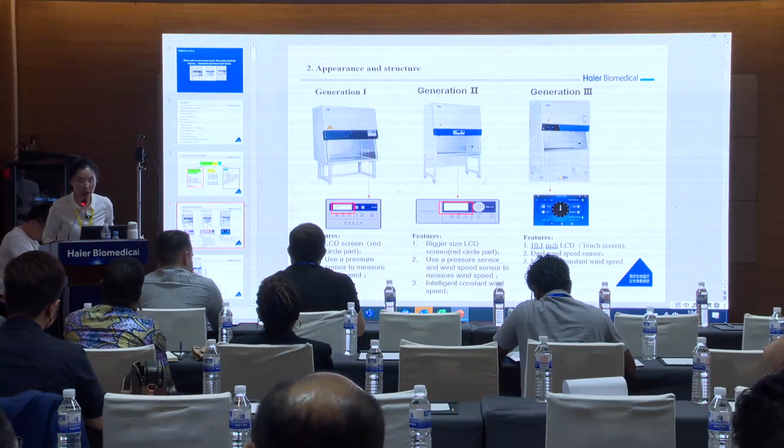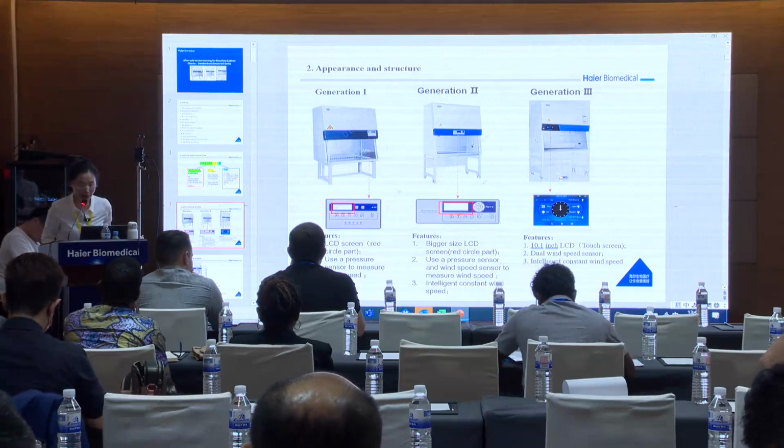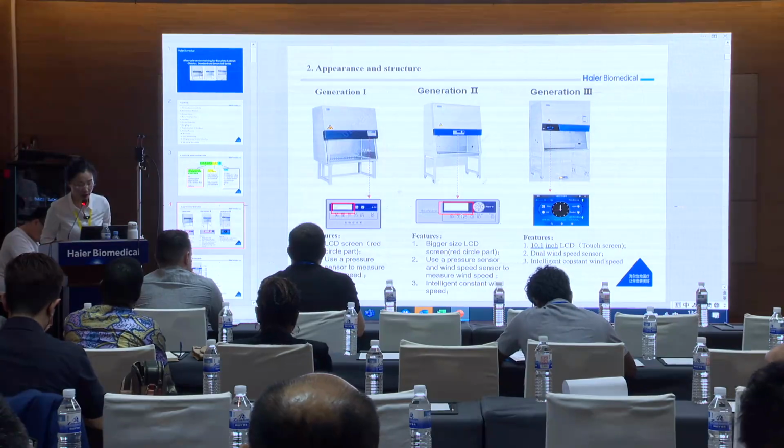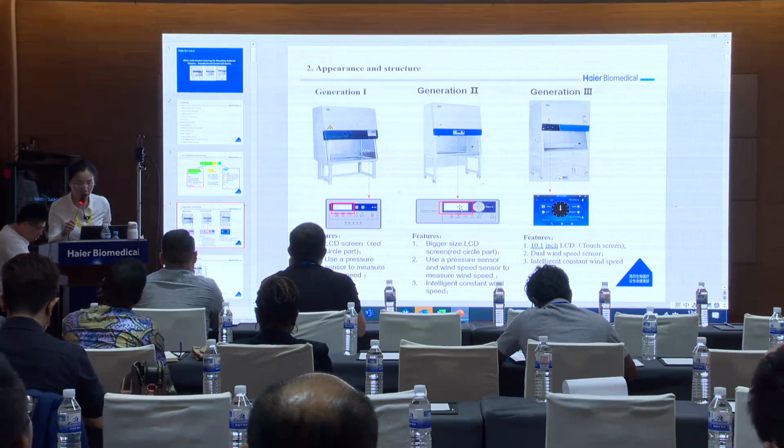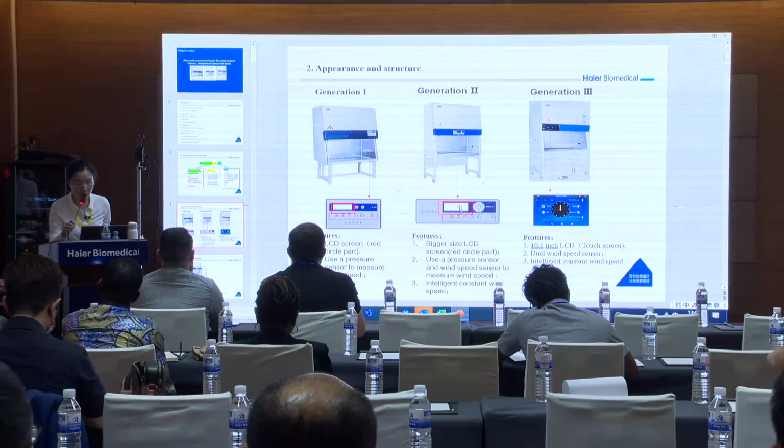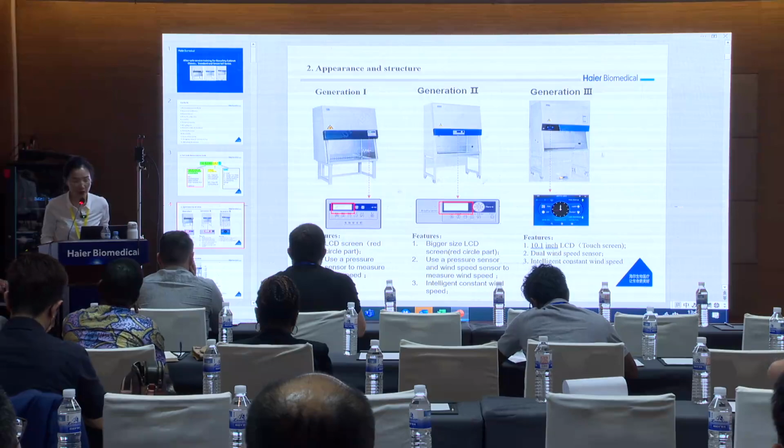This is the standard, which we normally name generation 2. It has a big LCD display, and uses a pressure sensor and also a wind speed sensor to measure the wind speed. And also it has intelligent constant wind speed.